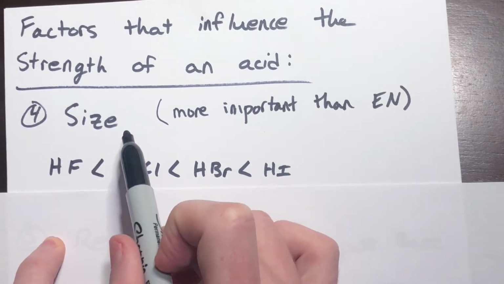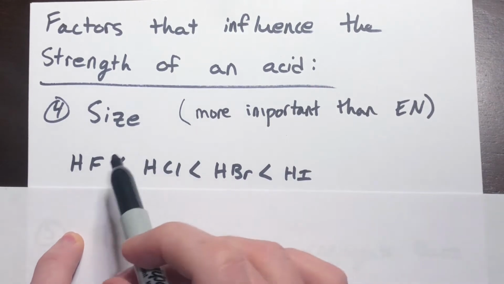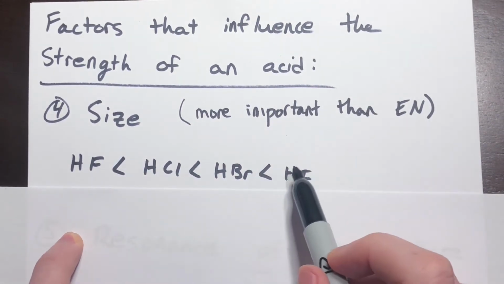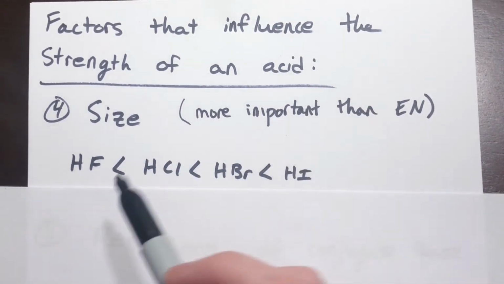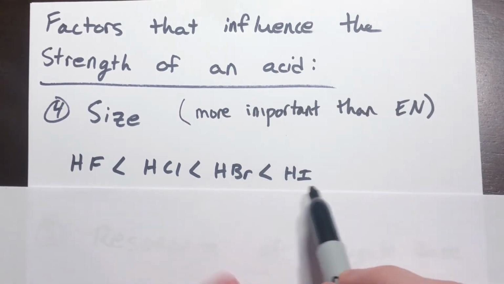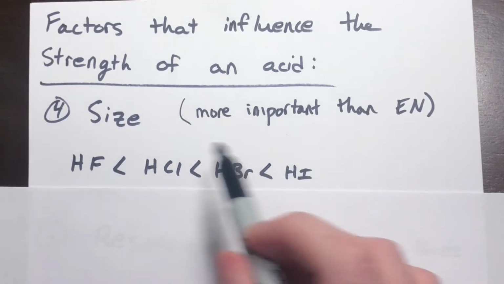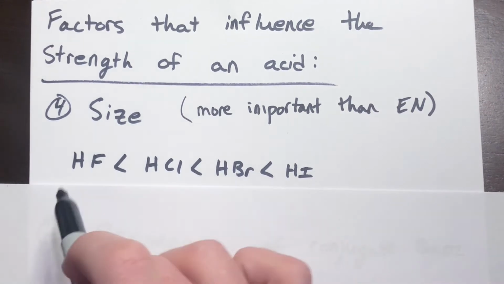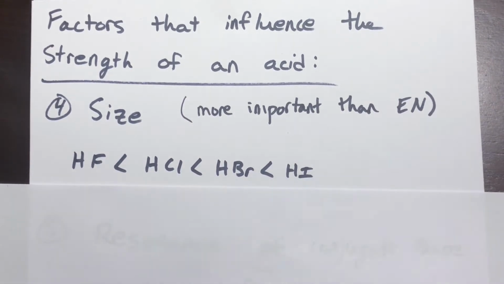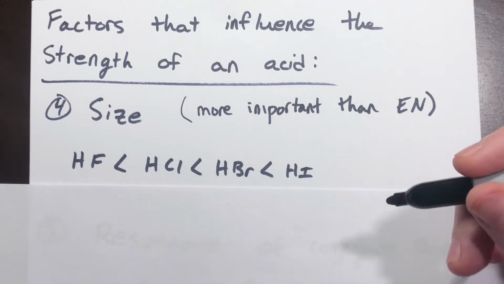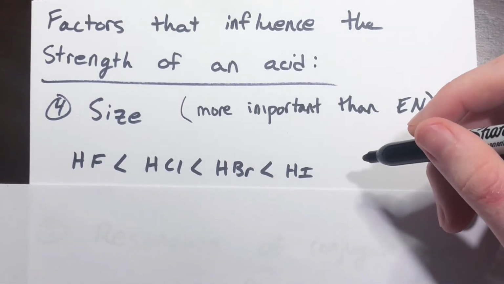However, the size matters more because a base would be able to accept the proton easier because of the size rather than the electronegativity. So HI is in fact the most acidic in this sequence, then HBr, then HCl, then HF. So you need to keep in mind that these are all factors, but there's no hard and fast rule to indicate which is always going to be the most acidic.